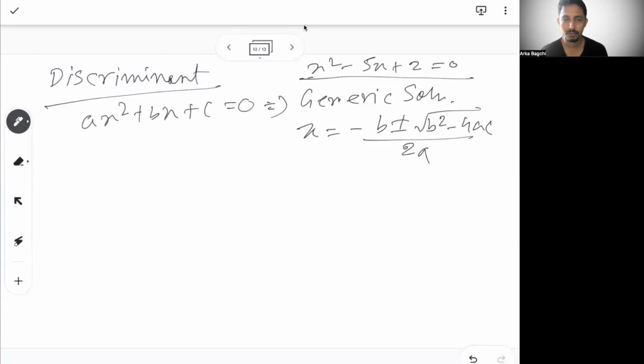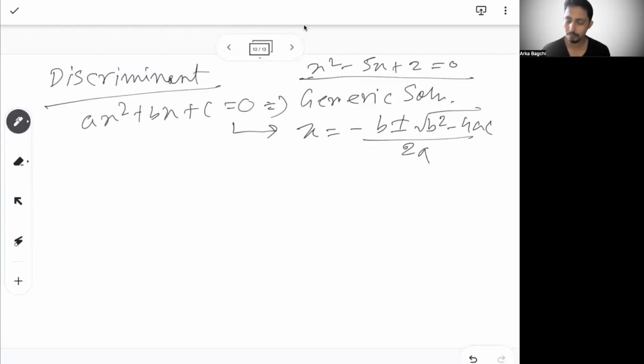How? From here we do it by dividing by a, forcefully completing the square, and these things. But we are not going too deep. You don't need to know the approach of the solution, but you can remember this is the generic solution of any quadratic equation: minus b plus minus root over b square minus 4ac by 2a.